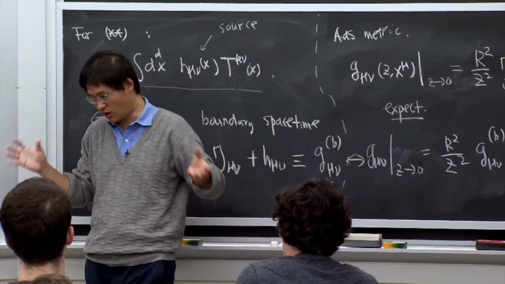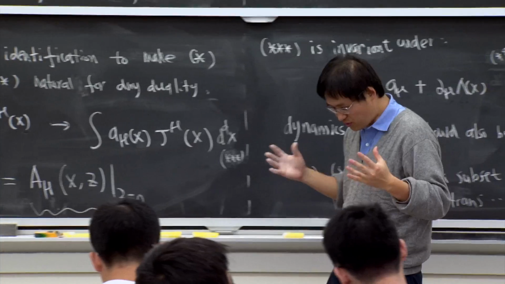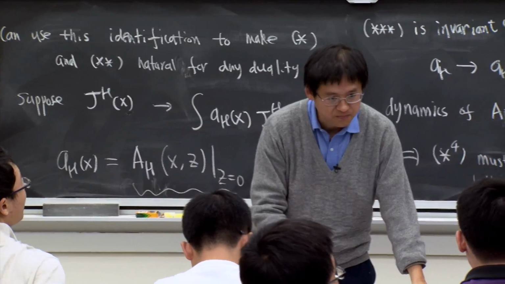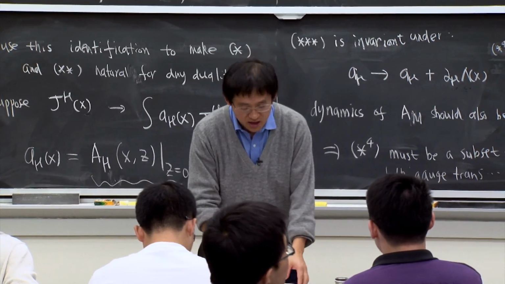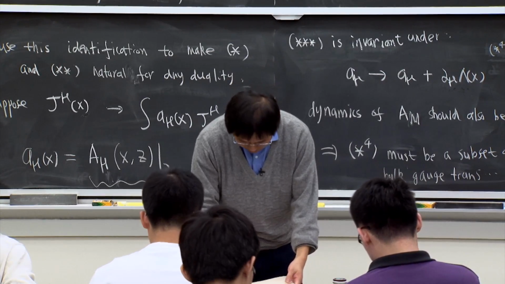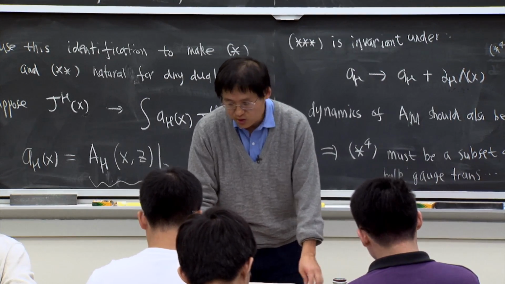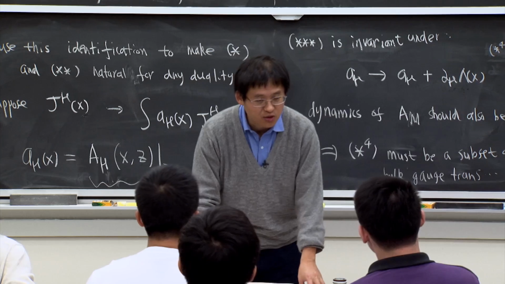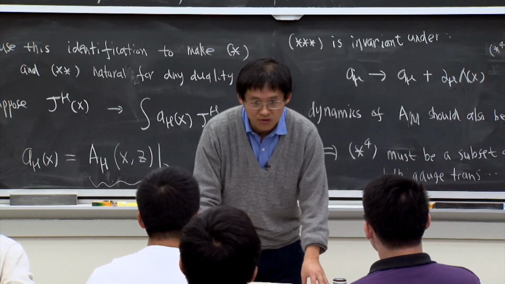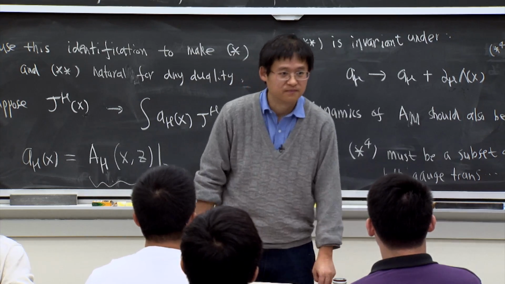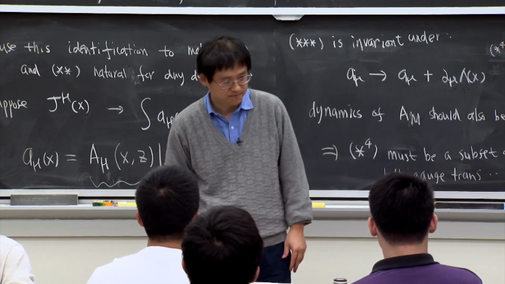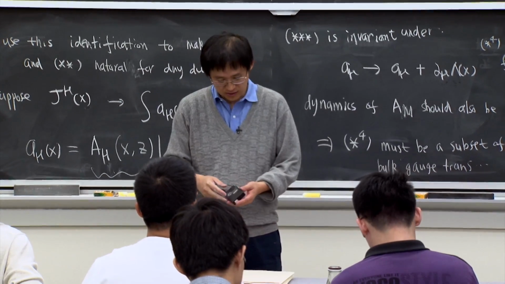If you have a dynamical metric, then you have gravity. So if any field theory is dual to a theory of one higher dimension, that theory must involve quantum gravity. Okay, let's stop here.